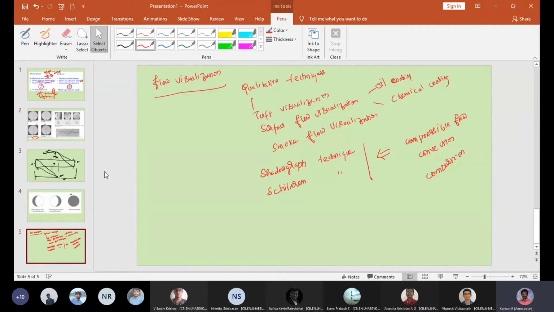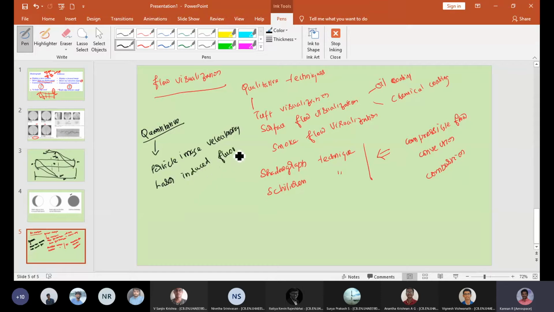So these are the flow visualization techniques we looked at. Next we will go ahead with a bit of quantitative techniques. We will go for particle image velocimetry, and next is laser induced fluorescence.